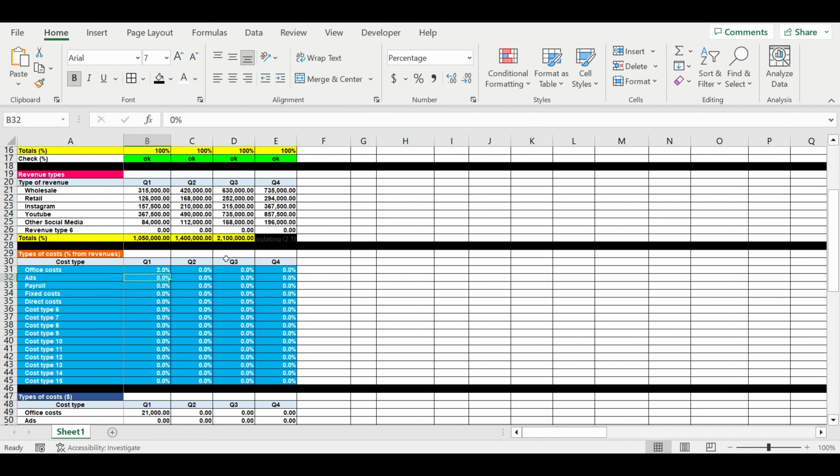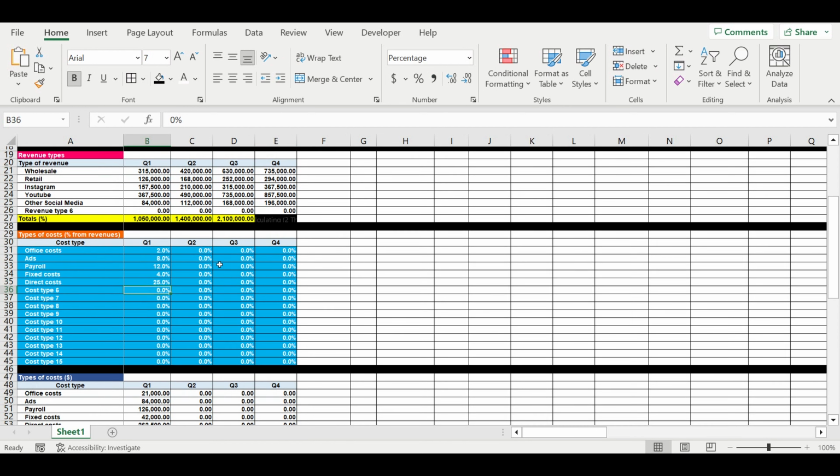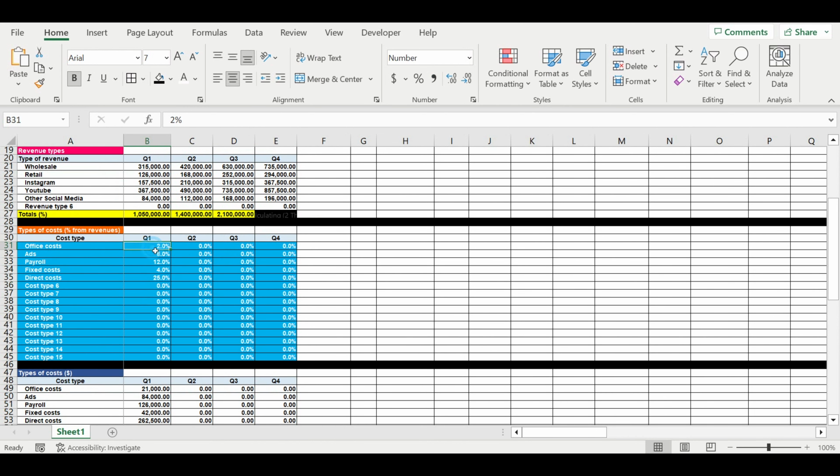Advertising will be 8%, payroll will be 12% of revenues, fixed expenses will be 4%, direct expenses will be 25% of revenues. So here it is.